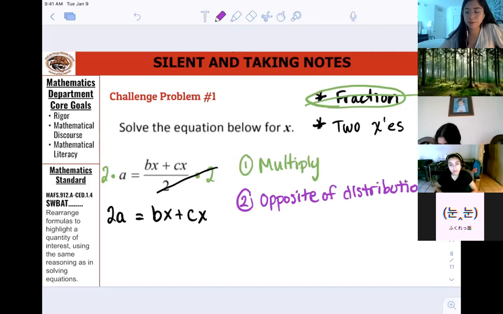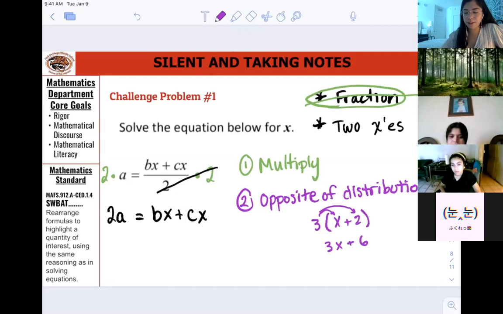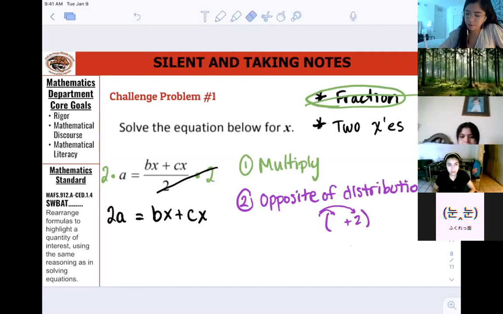When you distribute, let's just look, you do not need to write this down, but just as a little example. When you distribute, it looks like this, right? And you multiply to the inside. So this would become 3x plus 6, right? Pretty simple. What if my problem looked more like this?